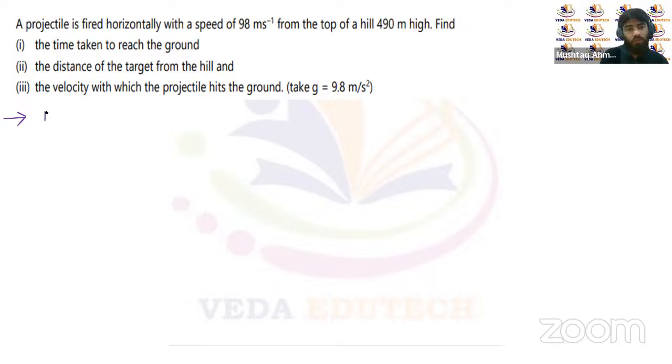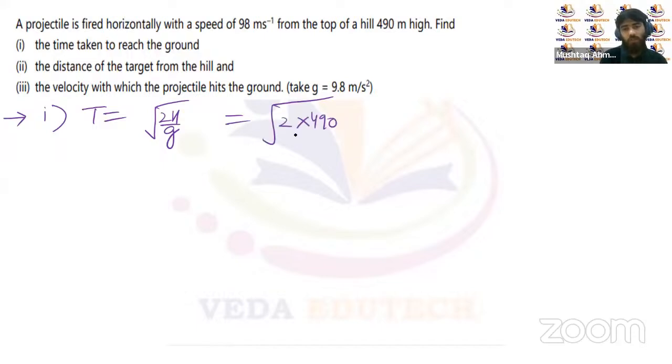So the time taken to reach the ground will be equal to the square root of 2h upon g, that we discussed in the previous slides. That's 2 times h, the height from which it has been projected, so 490 upon 9.8. 490 upon 9.8 is 50, so it will be 2 into 50, that's 100.